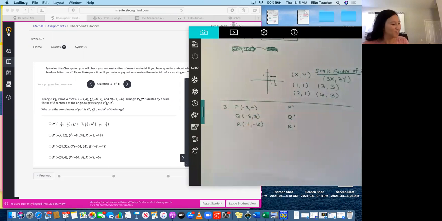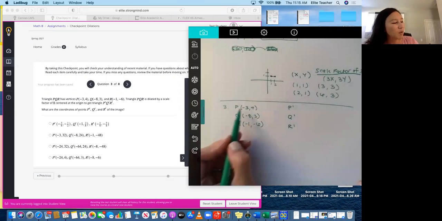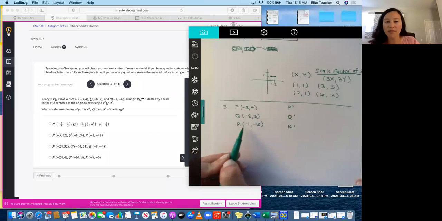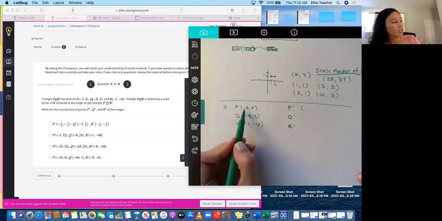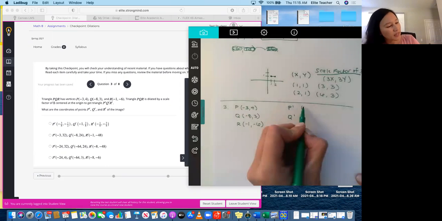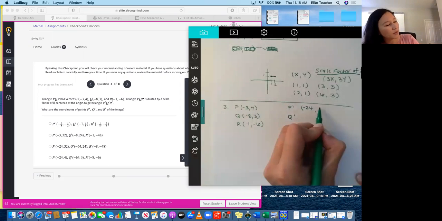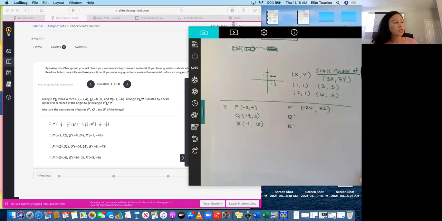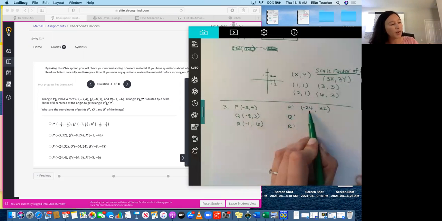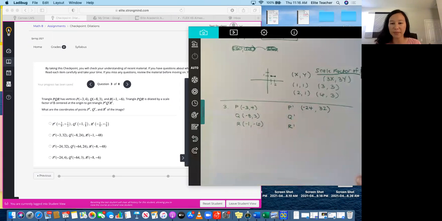Yes, perfect. Very good, Abel. We need to multiply by the scale factor. So since our scale factor is 8, we need to multiply all of the x values and the y values by 8 to get our new points. So we're going to do -3 times 8, which is -24, and 4 times 8, which is 32. So P prime is going to be the point (-24, 32).